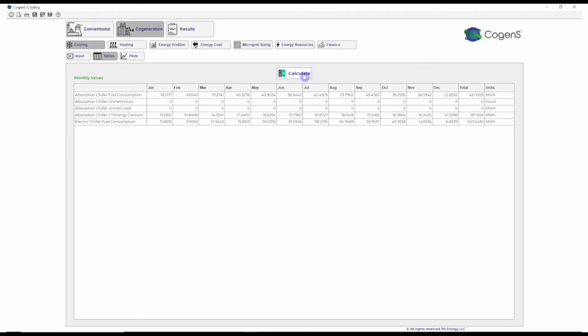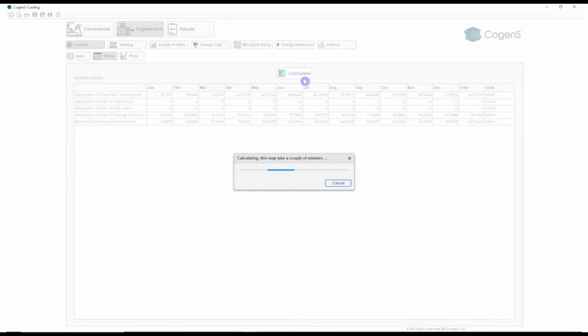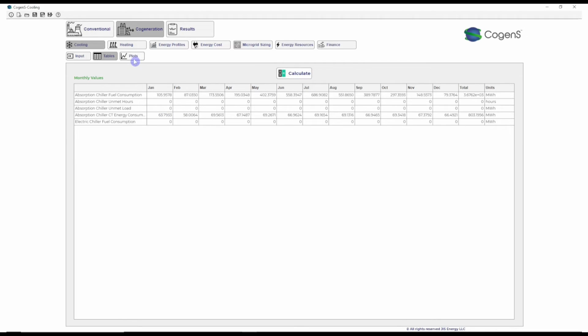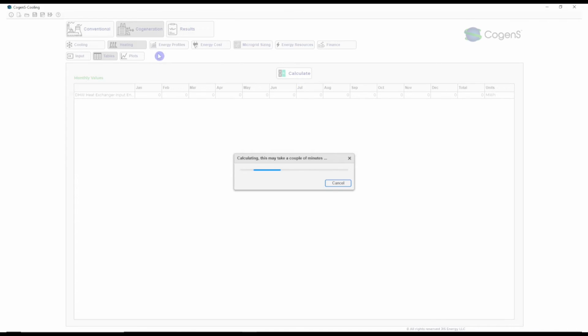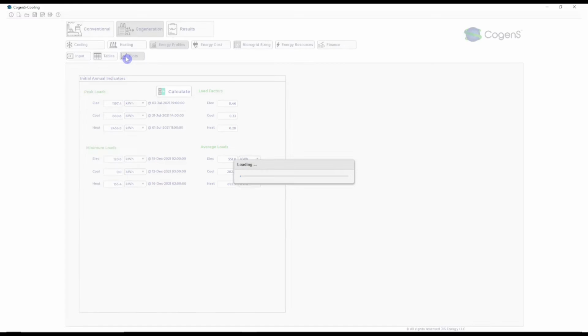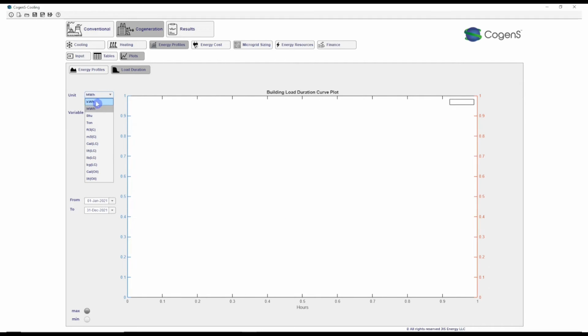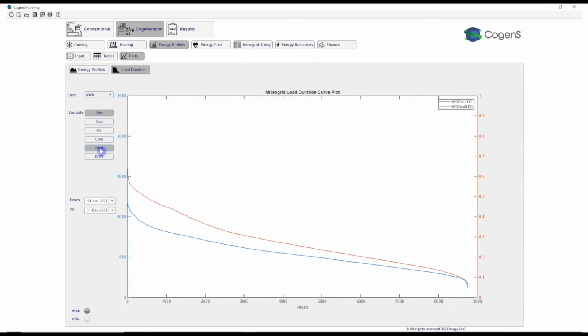Now we can click Calculate and model the system. Looking at the new electric and heating loads, we notice how the new heating load has become always higher than the electric load, which will dramatically reduce the CHP waste heat.